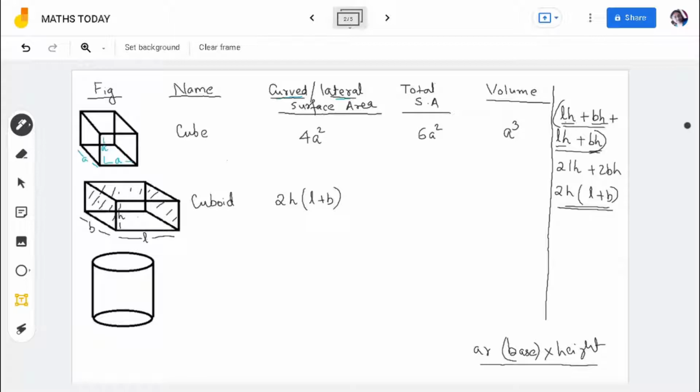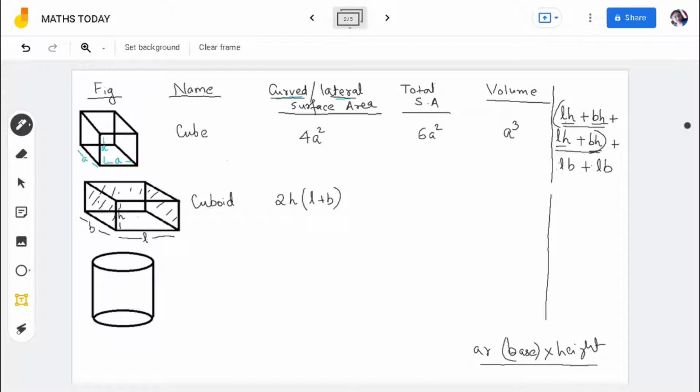At the top, we can see the length is L, the breadth is B. So to this one, we have to add 1 LB. Here I'm adding LB plus. Again, the bottom will be a rectangular shape in which the length is L, the breadth is B. So again 1 LB I will add.